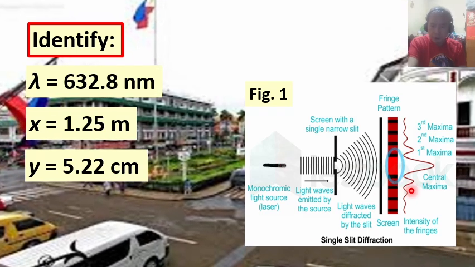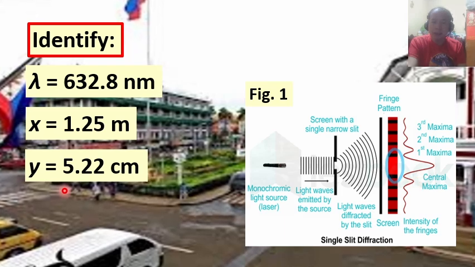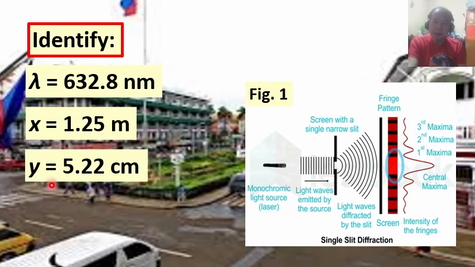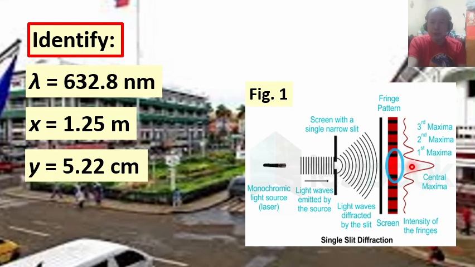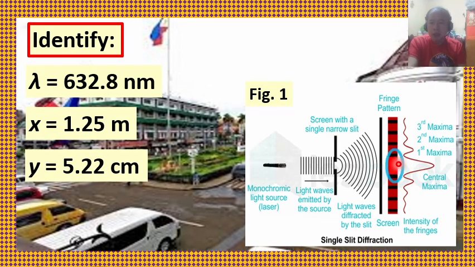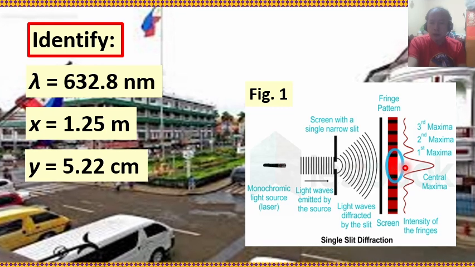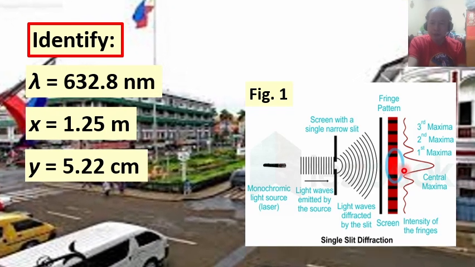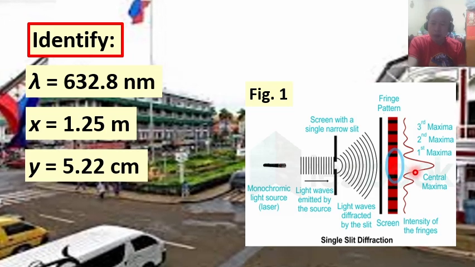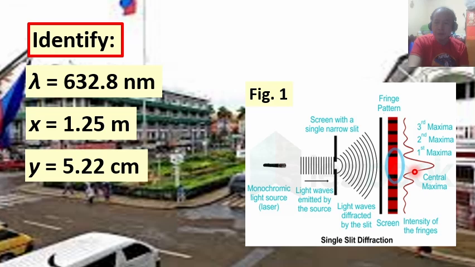All right. So may I emphasize the meaning of capital letter Y: it is the distance between the two dark fringes, which are also called minima.